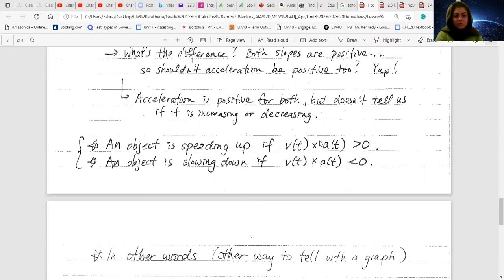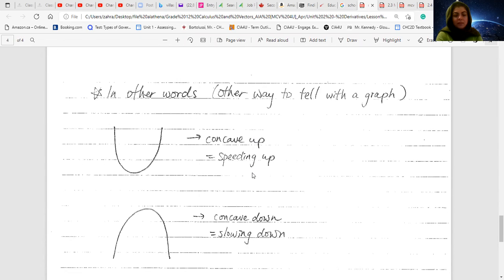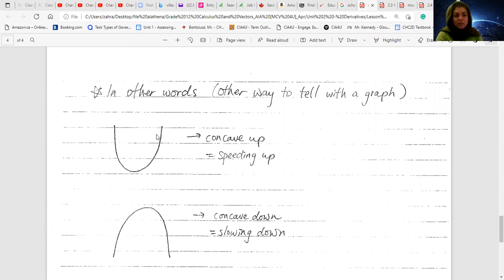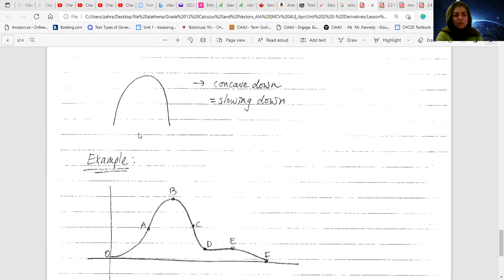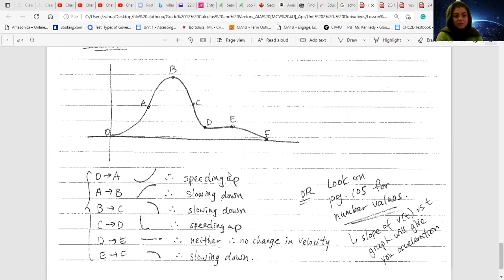If the velocity and acceleration are both positive or both negative, it's going to speed up, and if one is negative and one positive, slowing down. So concave up means your acceleration is positive. Concave down means acceleration is negative.